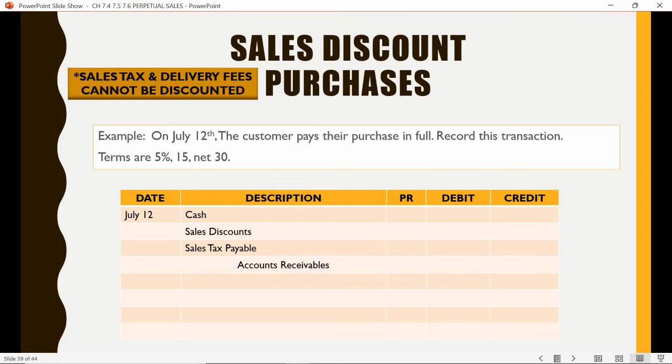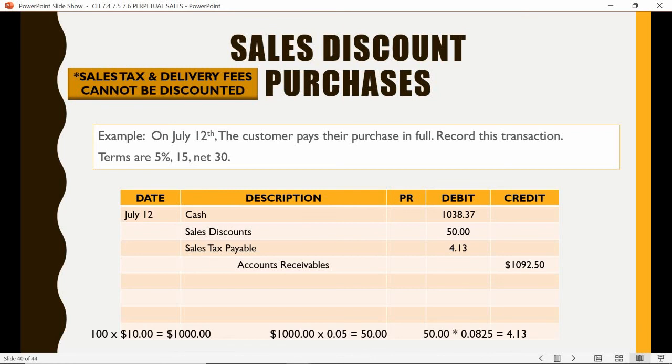So what we have to do is go back and backtrack. What was my original sales? We sold 100 hats at $10 each, so $1,000 is what I am looking at. I need to find out what the discount is off of those $1,000. 5% of $1,000 is $50.